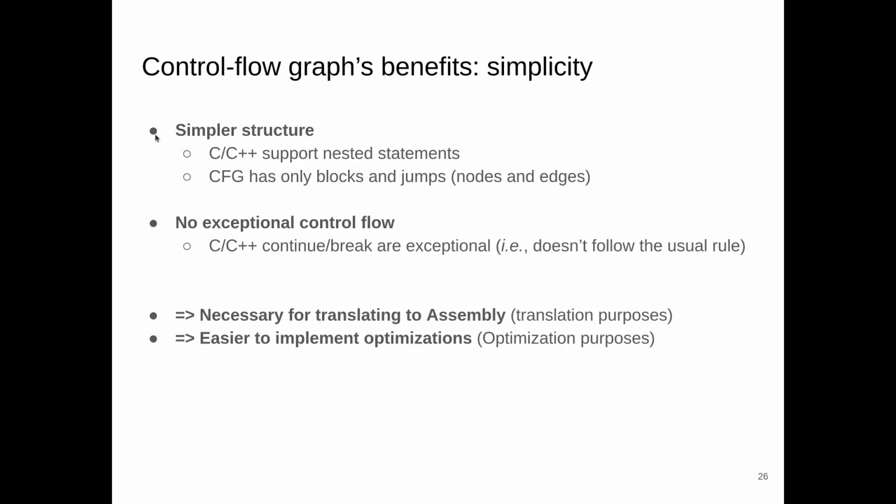So these two things are explained. Thanks to the simplicity of CFG, it is usually used in compilers between C and assembly. This CFG representation is much more similar to the program structure of assembly, where everything is just flat.